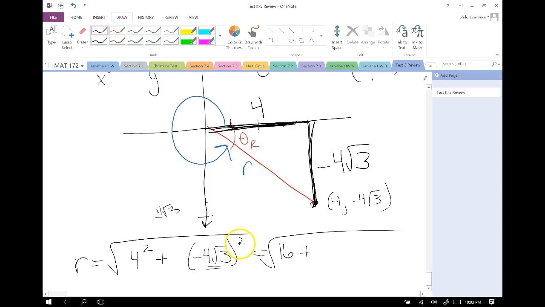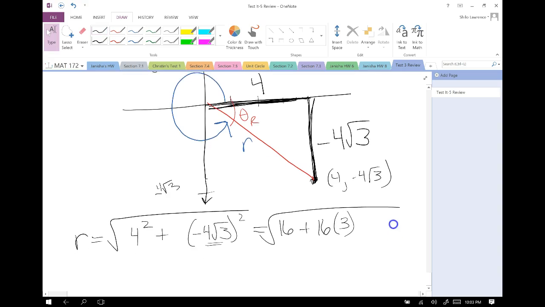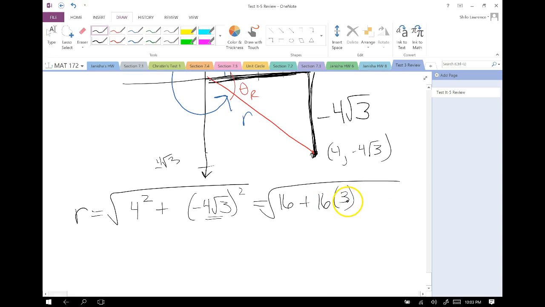A negative squared is going to be a positive, so that's always going to come out positive no matter what's in there. And then 4 squared is 16, and radical 3 squared is regular 3. 16 times 3 is 48. And then 16 plus 48 is 64. That comes out to be a nice perfect square. Square root of 64 is just 8. So the R value is 8.